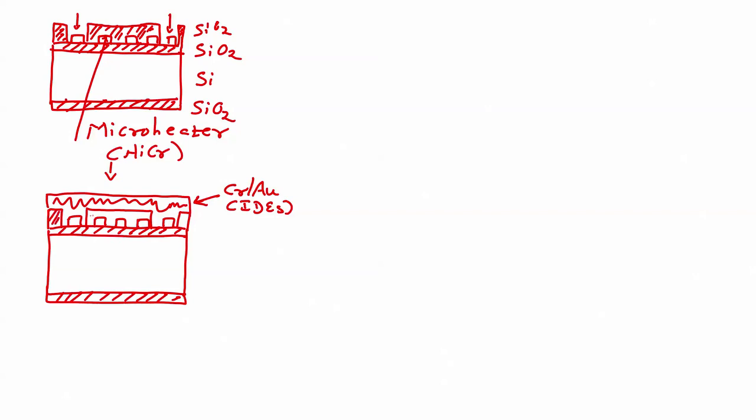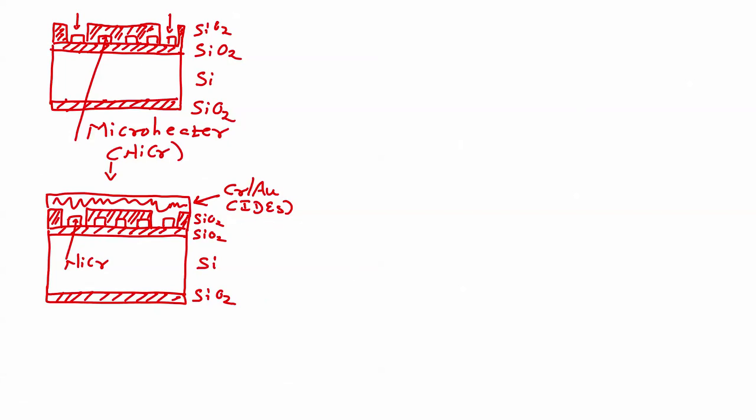This is SiO2 again, because it is an oxidized silicon wafer, and this is my nichrome. So, we have a heater on which we have deposited chrome gold. Chrome gold will be used for fabricating interdigitated electrodes.